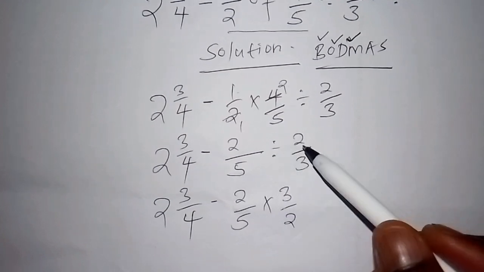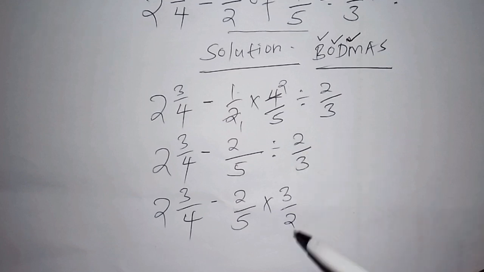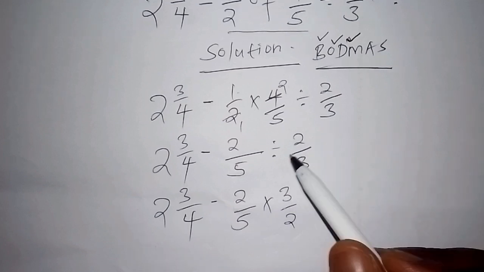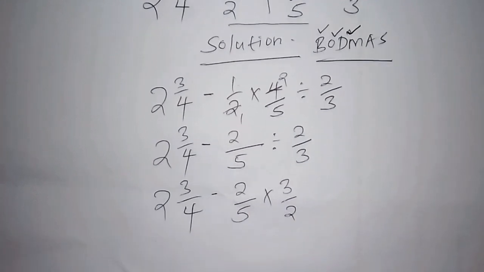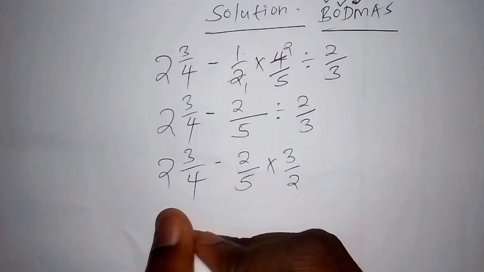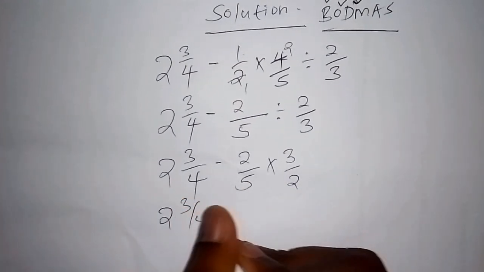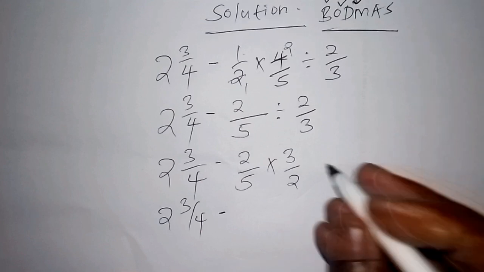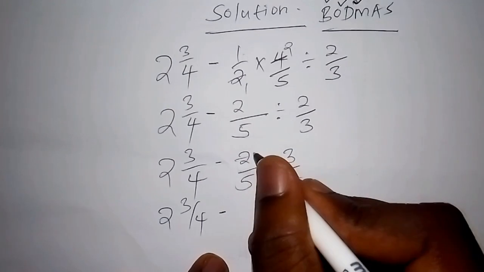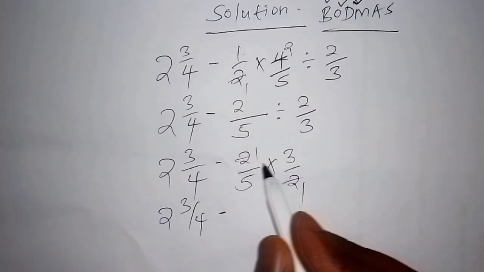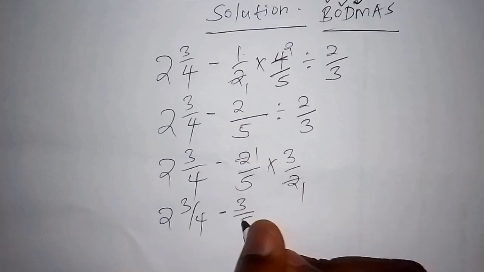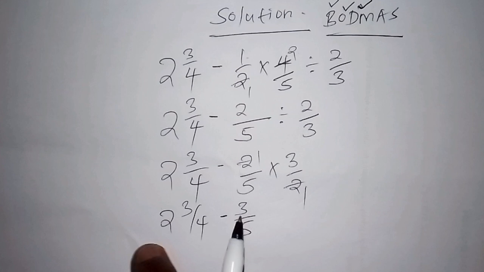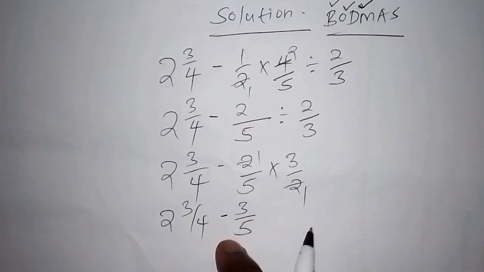Before you find the reciprocal, change the sign of division to multiplication. Now we have 2 whole and 3 over 4, then minus. Let's work out this one: 2 here once, 2 here once. So now we shall have 1 times 3, which is 3 over 5. So we shall have 2 whole 3 over 4 minus 3 over 5.